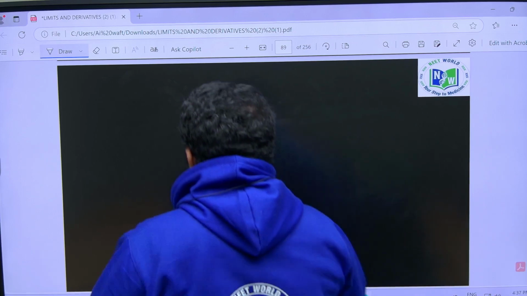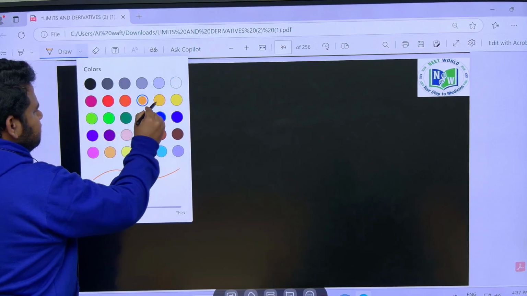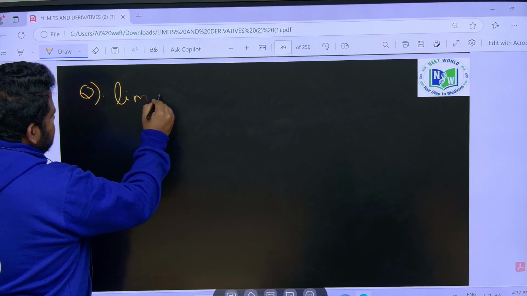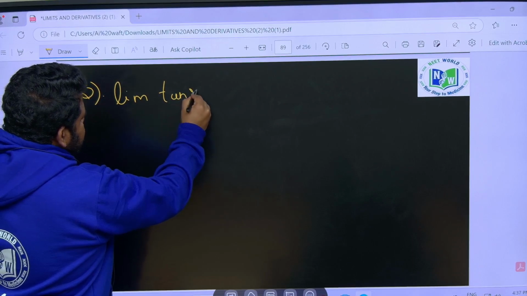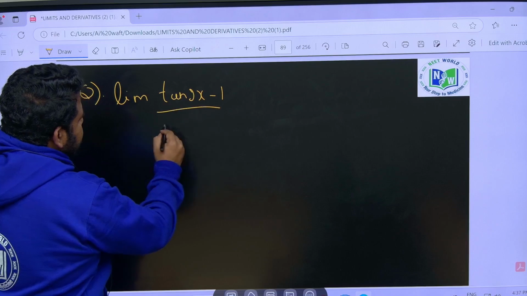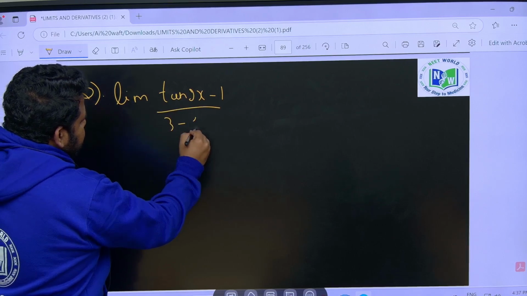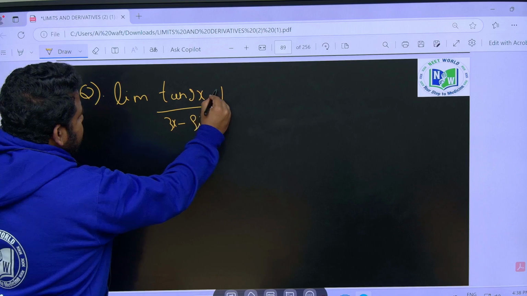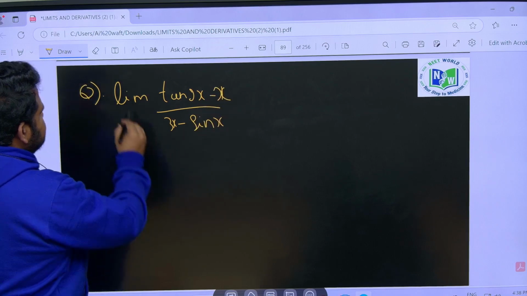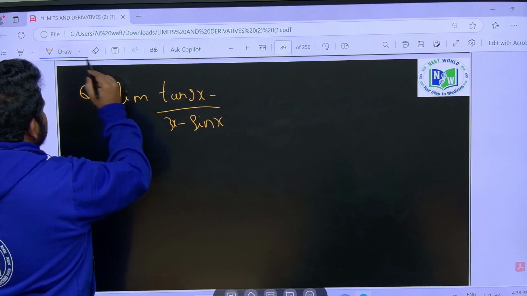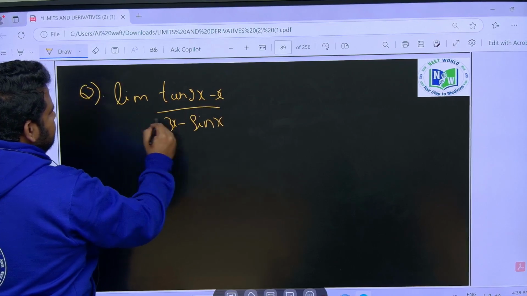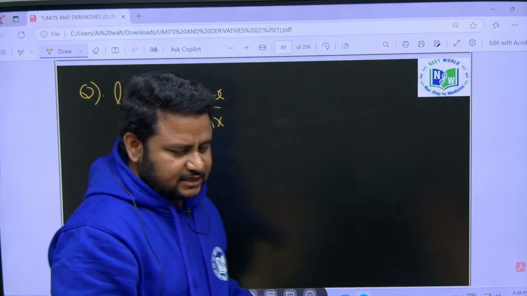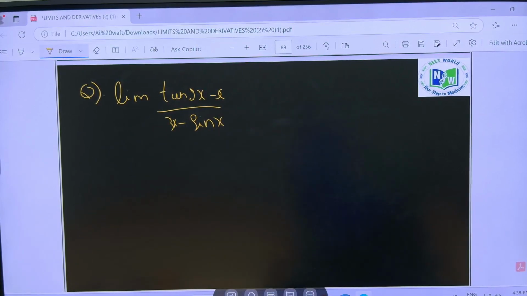Okay. One of the questions I look at is limit tan 2x minus x by 3x minus sin x, or 3x minus sin cube x, let me check.